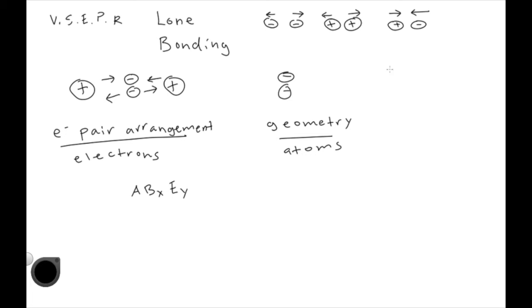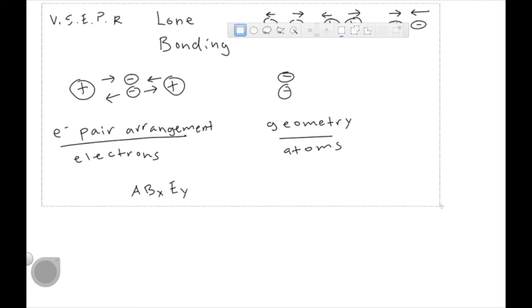So let's just go ahead and make a chart. So let's say we have ABxEy. A is going to be the central atom. B is going to be the surrounding atom.